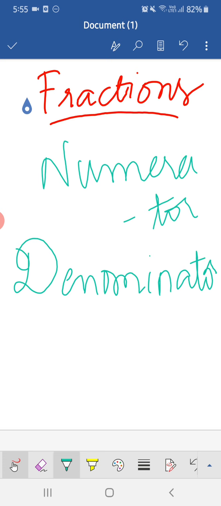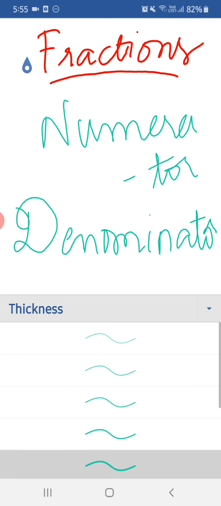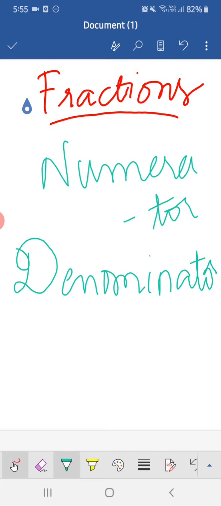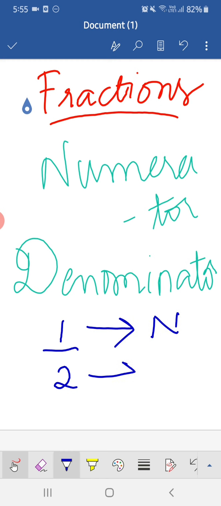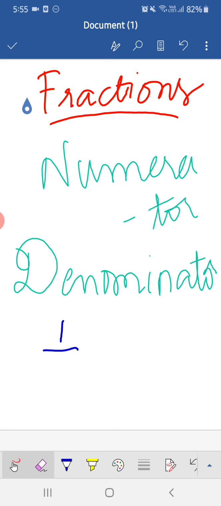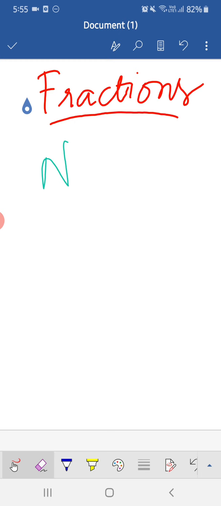Let me tell you what these terms actually are. See, I have 1 by 2. The above one is your numerator, and the below one is your denominator. Am I clear? Now let's go to the next thing which I wanted to share.